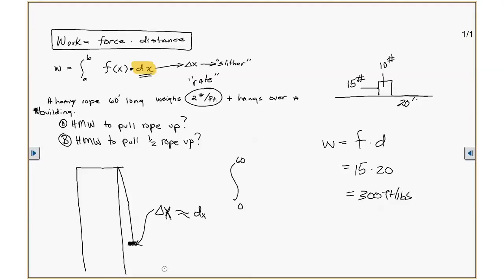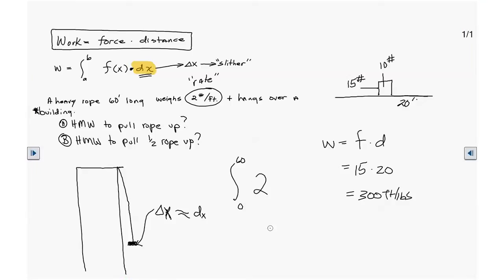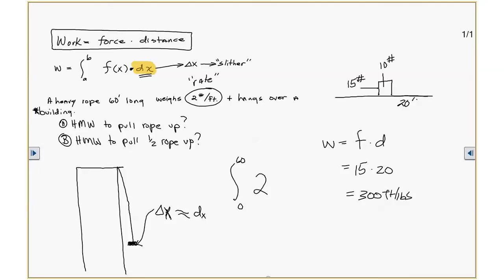Don't call it that in physics, but just kind of keep that in the back of your mind as a rate. 2 pounds per foot. 3 feet per second. You know, it's kind of like a rate. So treat it as a rate. So that means that it's going to be going in here. Right there. Okay?